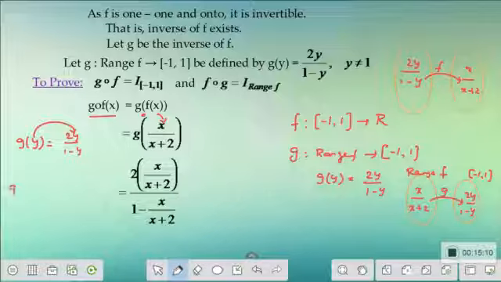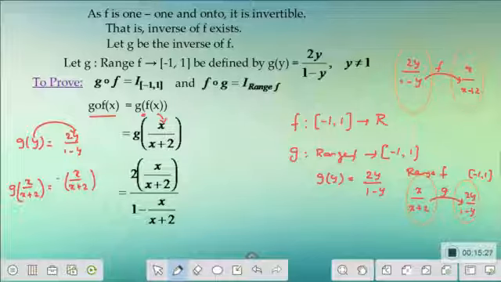Now here my input is not y, rather I am going to have x by x plus 2 as the input. So let me see what I am going to have as an output. The input times 2 will be the numerator. So x by x plus 2 into 2 is the numerator. And what is the denominator?